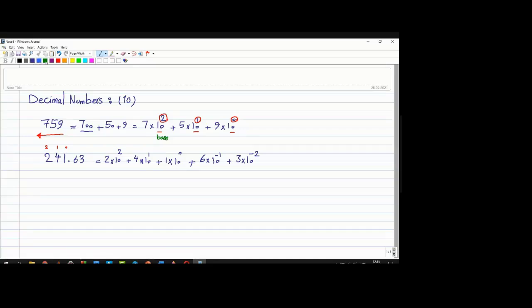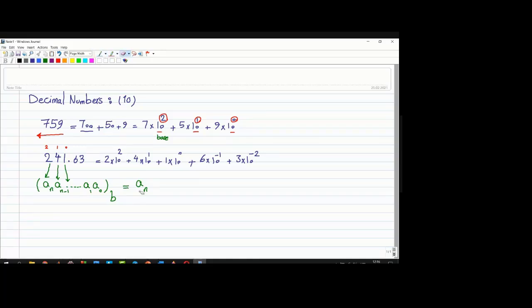But generally, we can say that if we have a number like that, a_n, a_(n-1), up to a_1, a_0, in the base of B, we can rewrite this number like that. a_n is the coefficient of the number, this one. a_n is this one, a_(n-1) is this one, a_(n-2) is this one, and so on.